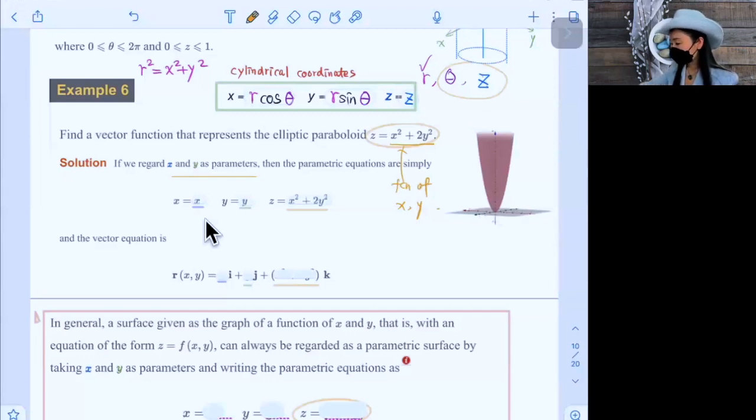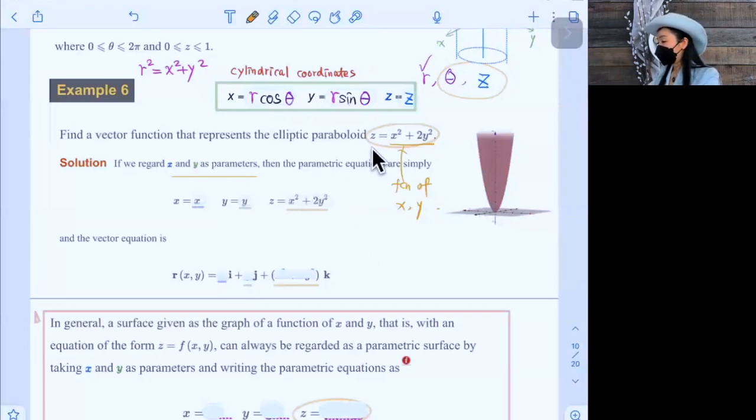So next time you see that z is a function of x and y, you can parameterize this surface just using x is x, y is y, and just put z equal to this. Similarly, when x is a function of y and z, you can do the same thing. So that would be an easy parameterization.